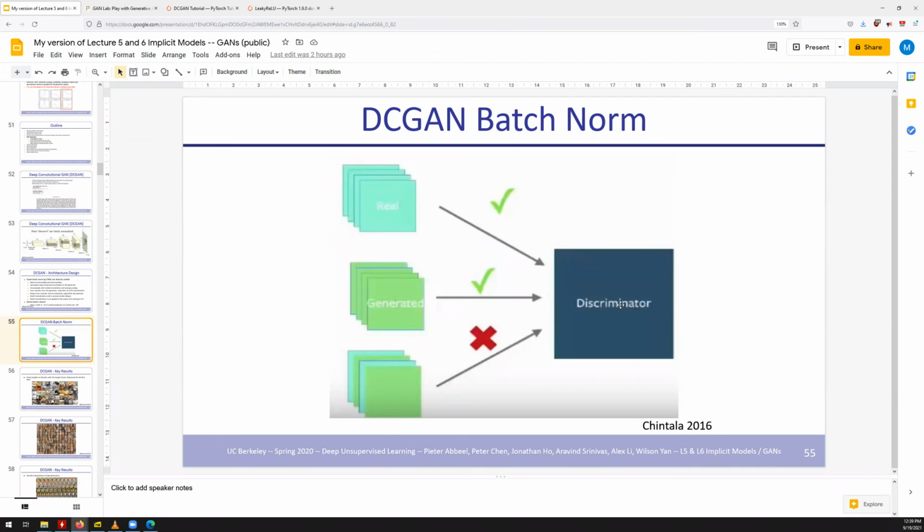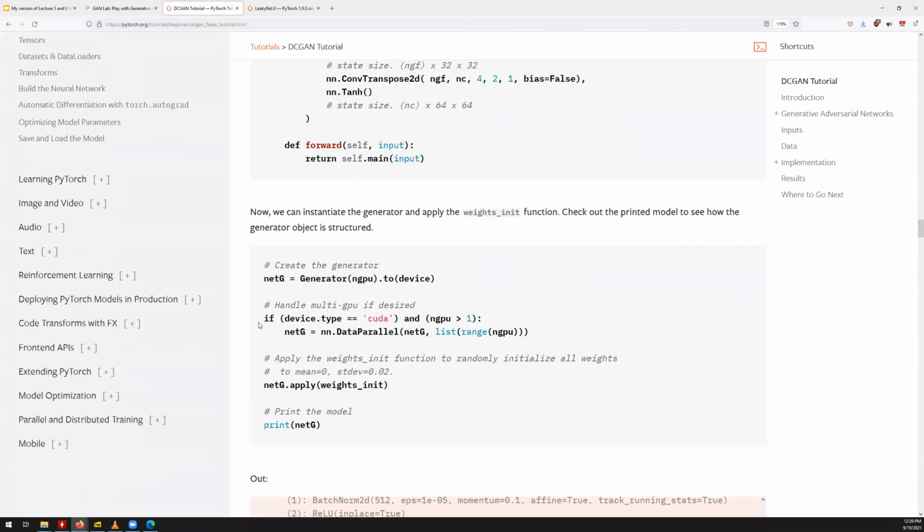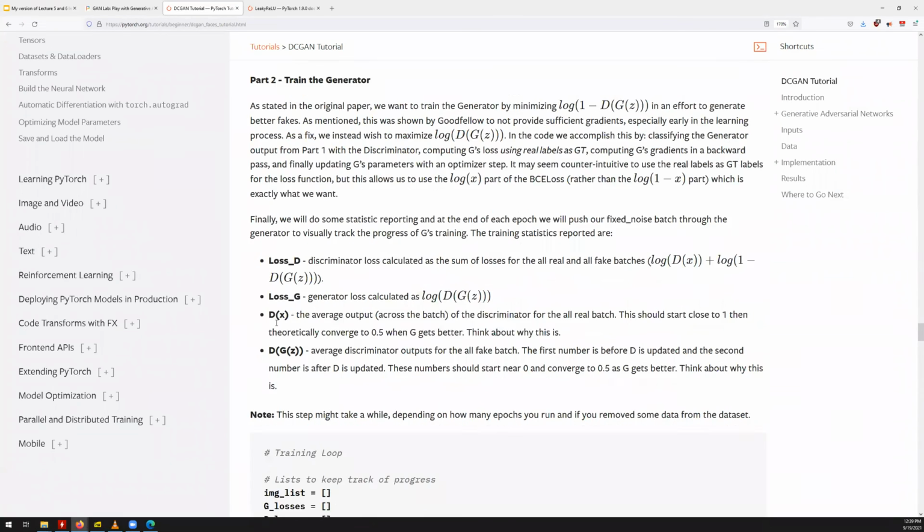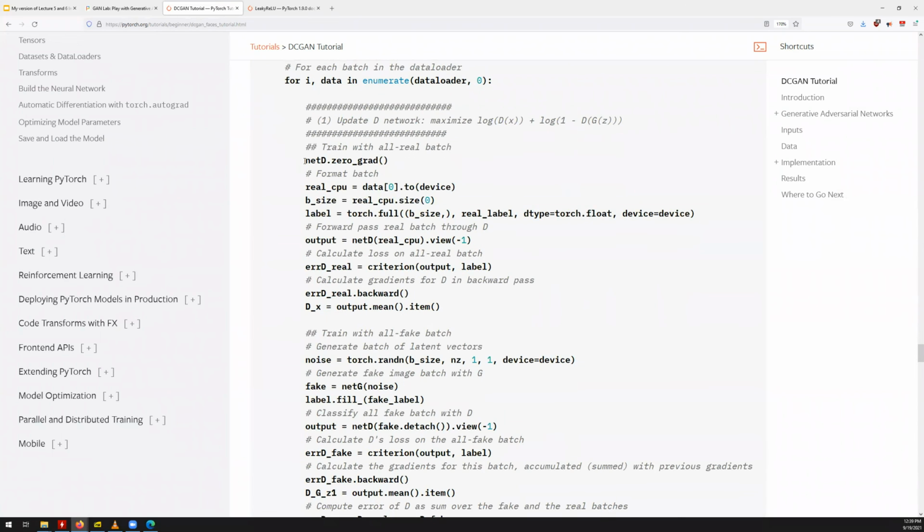When training the discriminator, what they want to do is train it using the real images and the generated images separately instead of mixing them together. I think they also call this batch norm. That's a little bit confusing. Here in the training part down here, we train with the all real batch.